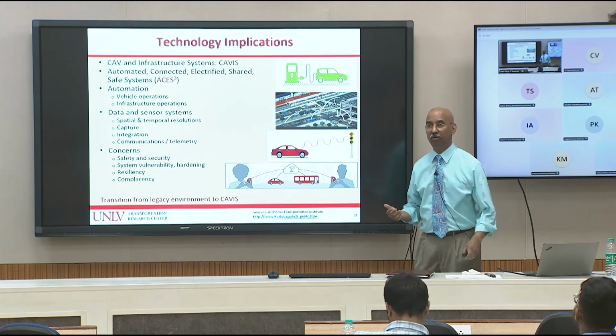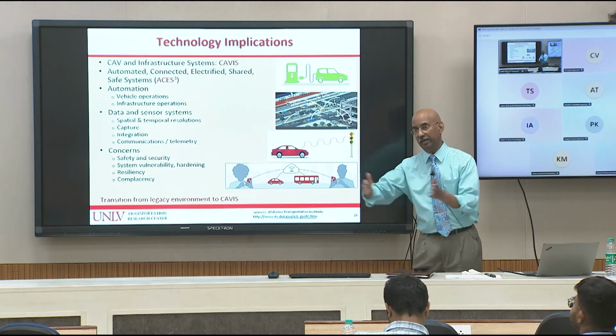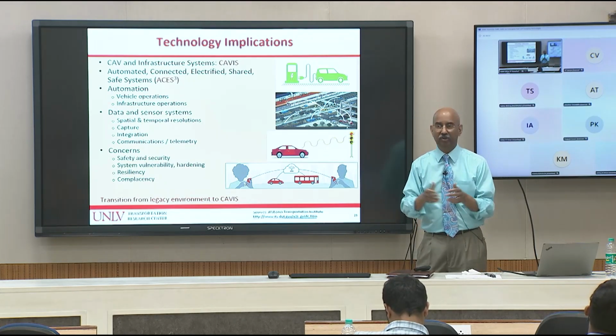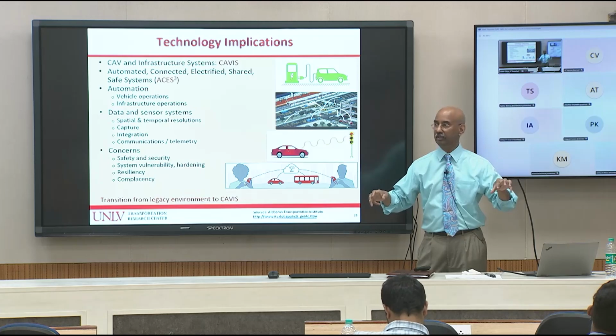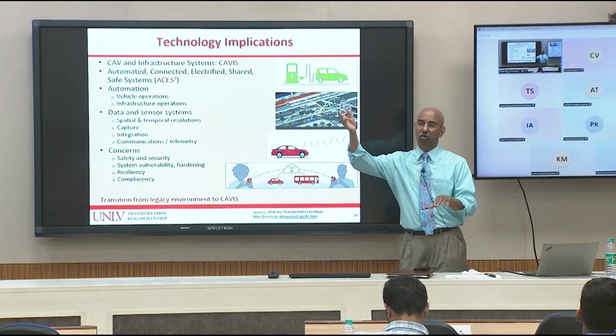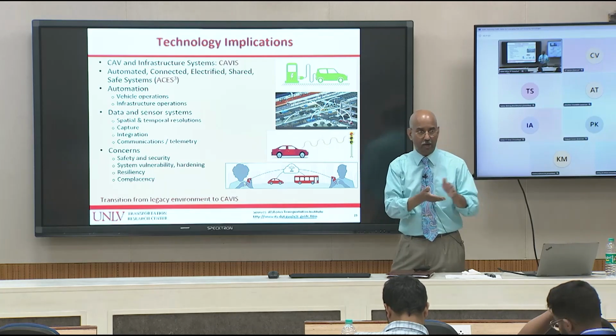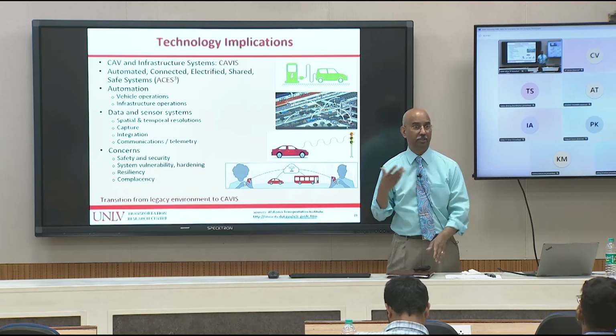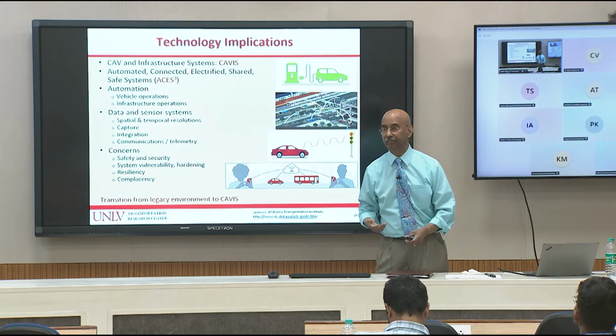So we have to plan for a world where over time, over the next 15 years, 20 years, 30 years, something thereabout, we will have a mix of legacy vehicles and the connected automated vehicles. That mix likely will go up, it's going to be slow, the adoption is going to be slow, and then it will accelerate, if we look at the history of technology.